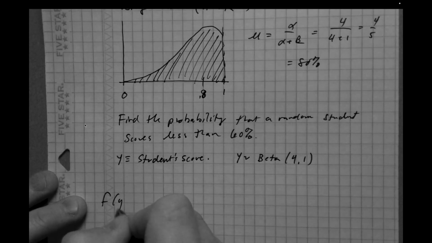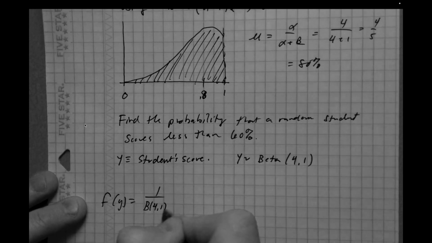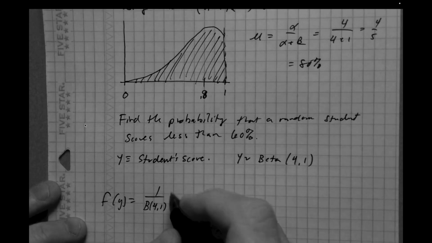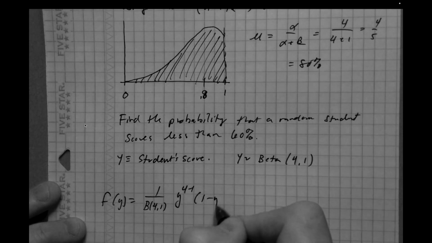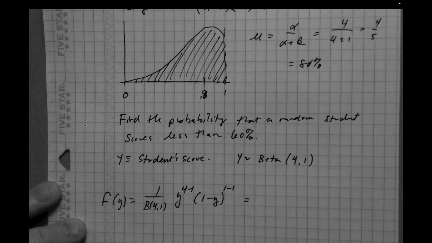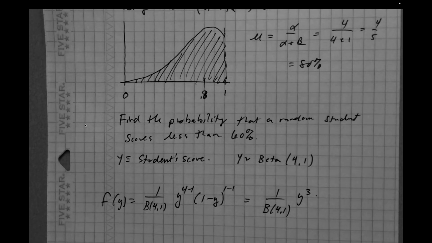So the PDF here is 1 over beta 4,1. The denominator, remember, has that down there. Times y to the 4 minus 1 power times 1 minus y to the 1 minus 1 power. And so this all simplifies down into 1 over beta 4,1 times y cubed.